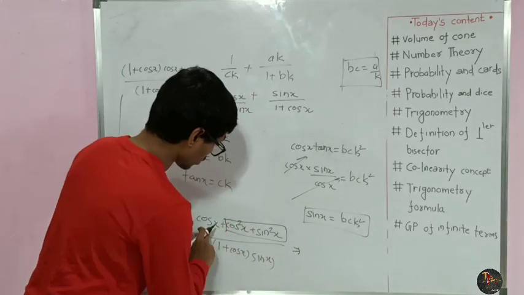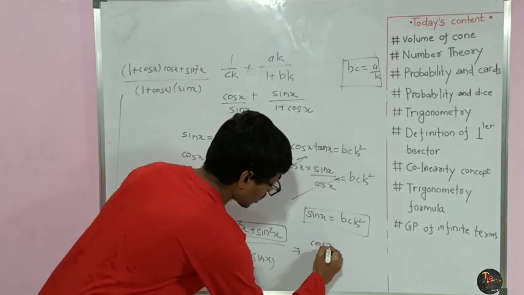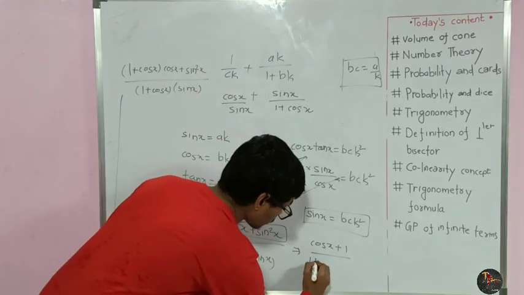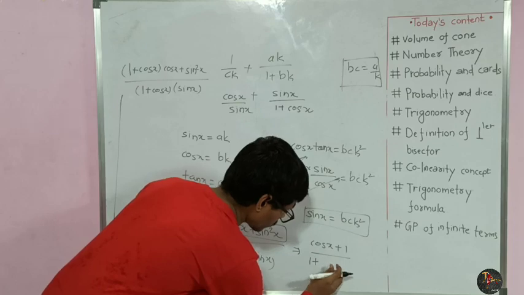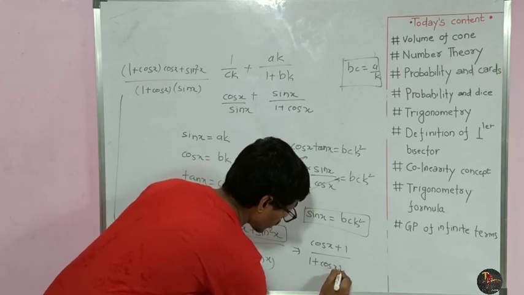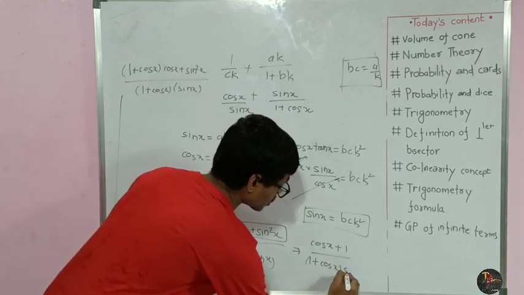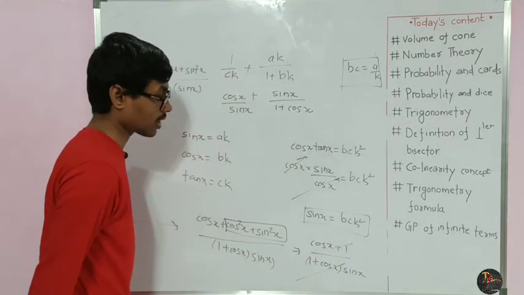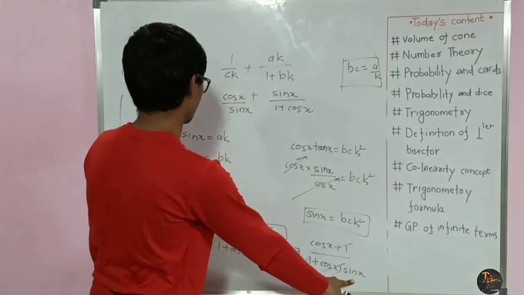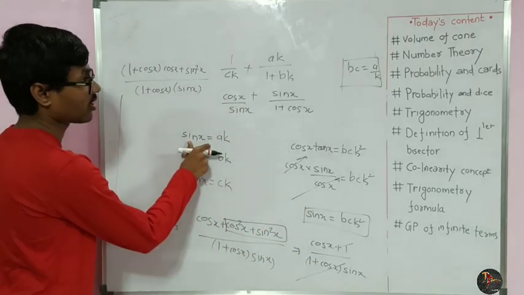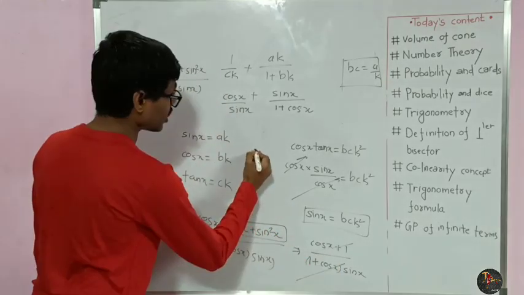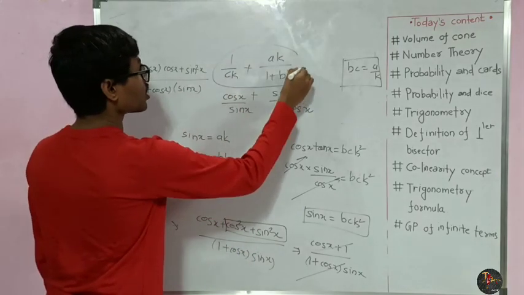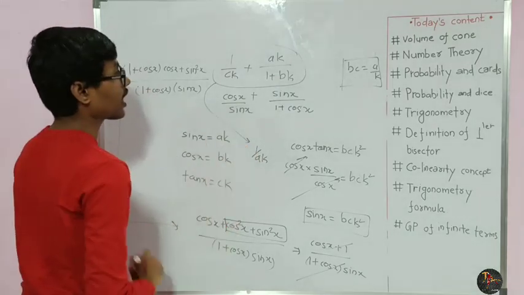So if I write cos x plus 1 divided by 1 plus cos x into sin x, the 1 plus cos x will be cancelled and we will get 1 by sin x. So sin x is ak, so 1 by sin x will be 1 by ak. So this entire value is nothing but 1 by ak.